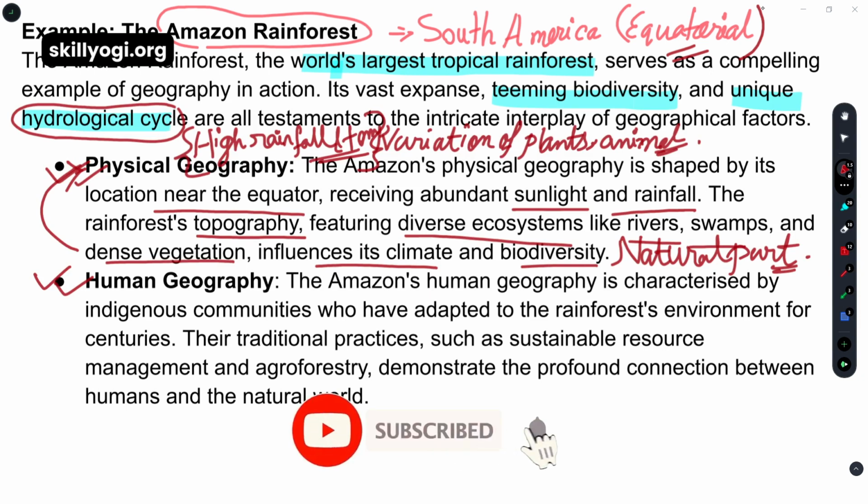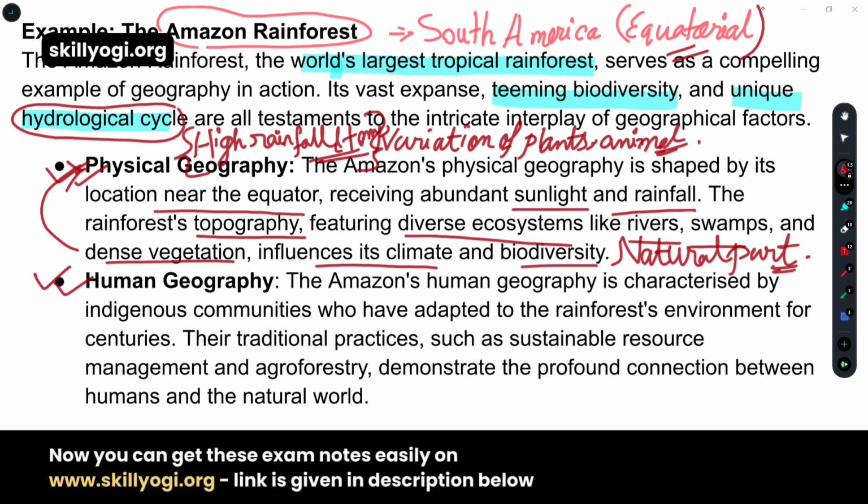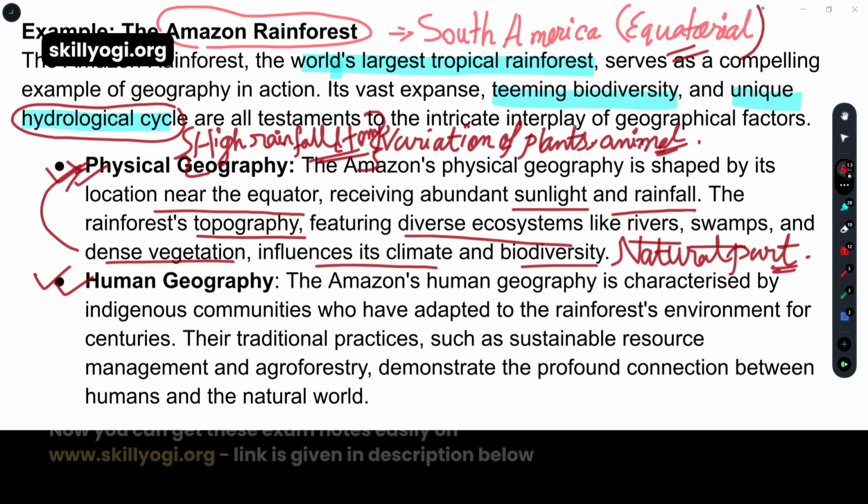Now the rainforest topography features diverse ecosystems. Yes, a lot of variety of animals and plant life we can have in these kinds of areas. Rivers, swamps, dense vegetation or forest influence its climate and biodiversity. That is called the physical geography of this place, the Amazon rainforest.